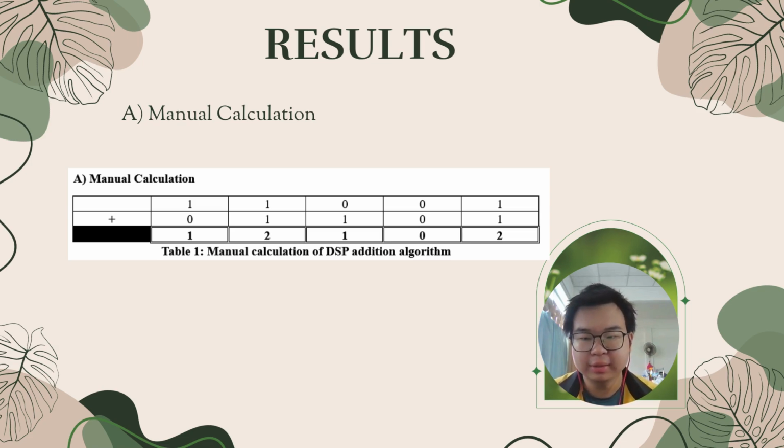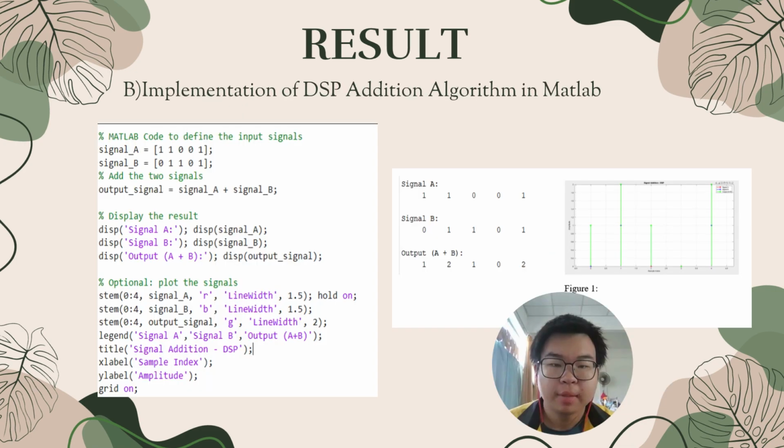So we took the easiest algorithm, which is addition, to see the result. In this case, we just simply add the values of the two signals and get 12102.